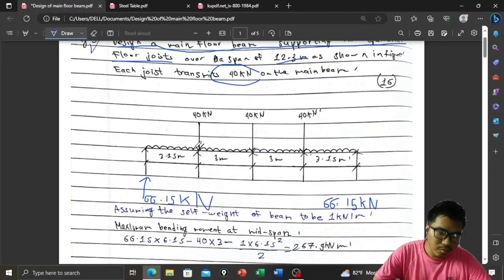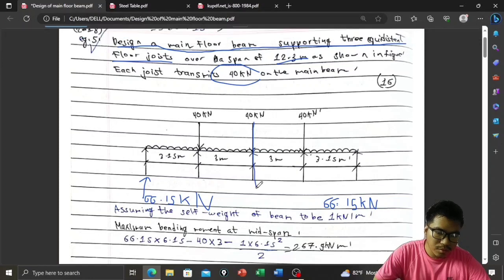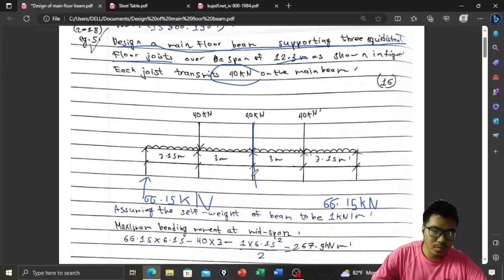So maximum bending moment will be at the center of this beam. So we need to find the bending moment at center, that is bending moment max.